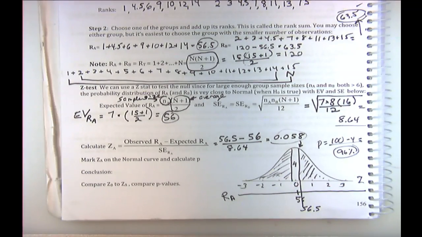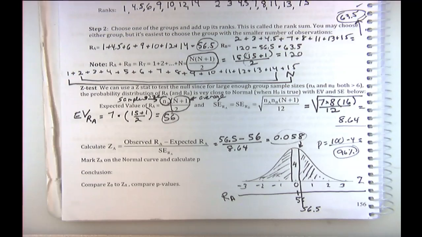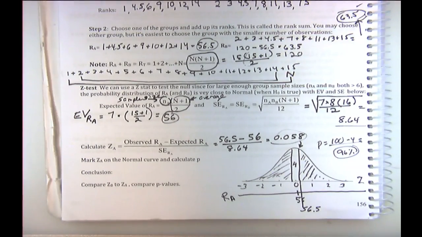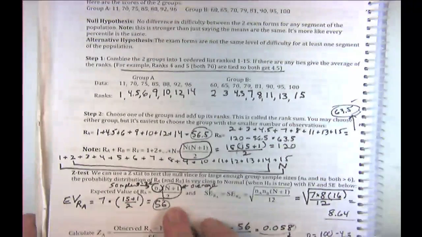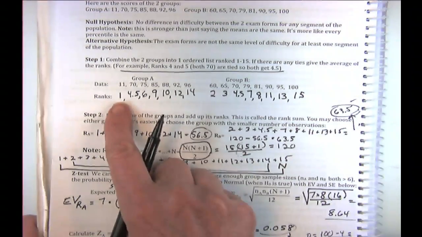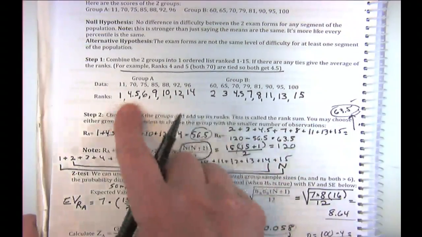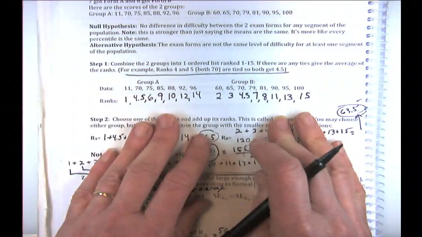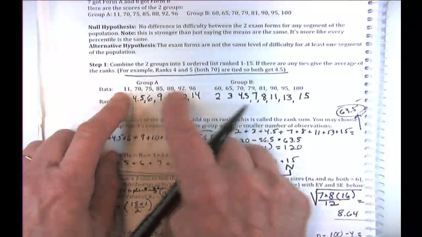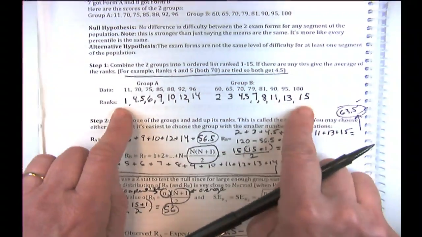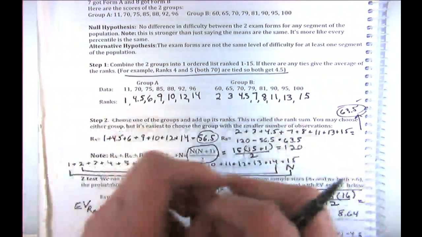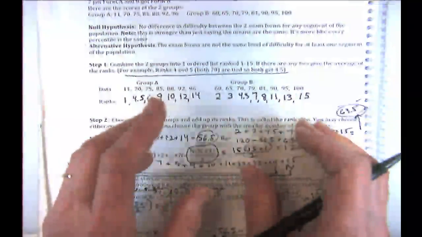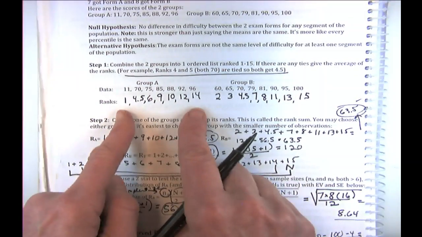Okay? Yeah. So why did you assume the expected group average for A to be 56? I did because I thought, I wouldn't expect all low ranks here, would I? Under the null, wouldn't I expect them to be about equal? If I first changed these to the rankings, they go from 1 to 15. And if I just randomly distributed them, don't you think I would expect just as many low scores?